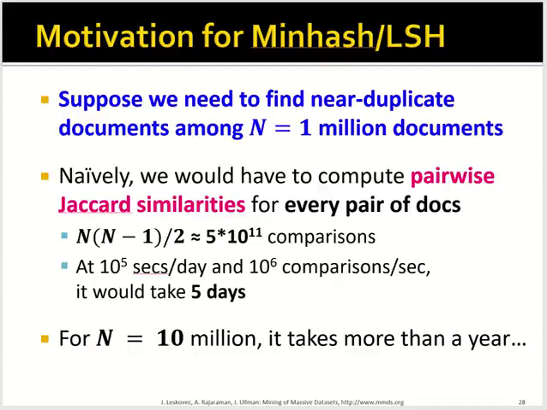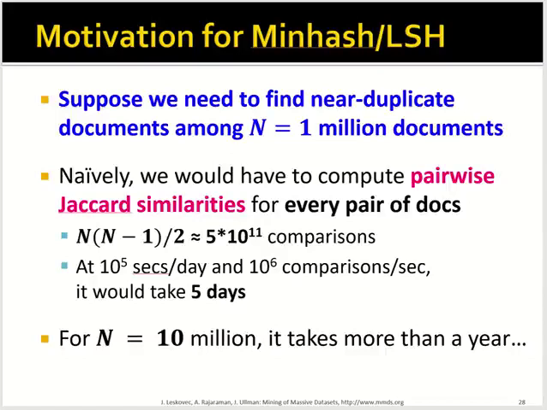Naively, we would have to compare pair by pair, with Jaccard similarity for every pair of documents. So the number of comparisons carried out would be the combination of n choose 2, which exceeds 5 times 10 to the power 11.